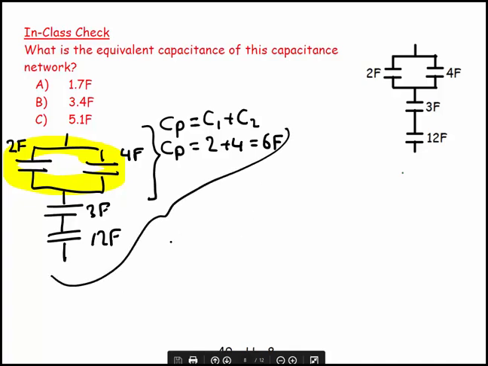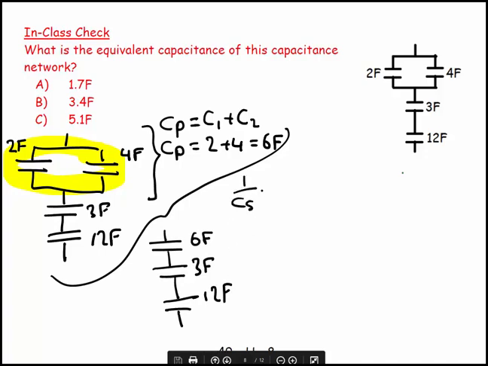Let's do the next bit. So I have a 6 farad capacitor, I have a 3 farad capacitor, and I have a 12 farad capacitor, but now these are in series. So I go 1 over C series equals 1 over C1 plus 1 over C2 plus 1 over C3.